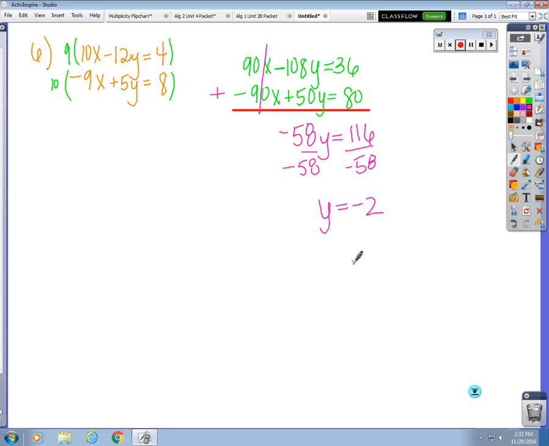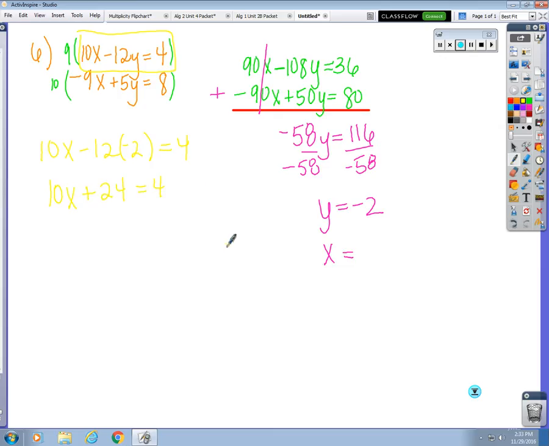Okay, now that we know that y is negative 2, how can we find the x? Which one do y'all want to plug back into? Okay, so 10x minus 12y equals 4, but instead of y, we now know it's negative 2. So that becomes 10x, that becomes a positive 24, equals 4.